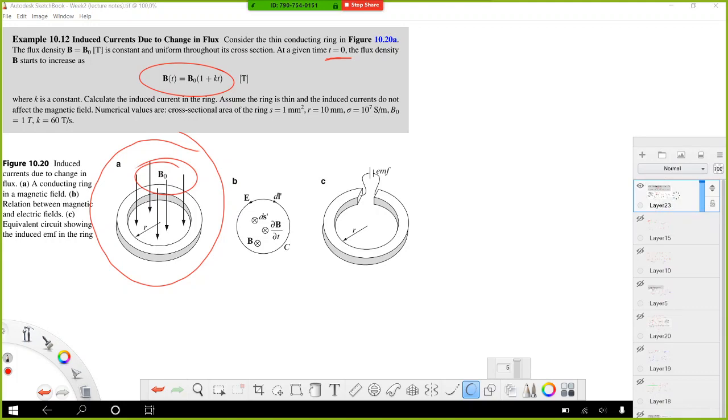Actually, there are two methods to solve this problem. First, the increase in the magnetic flux density causes an induced electric field intensity in the closed loop, and the second is that the increase in the magnetic flux density induces the electromotive force in the ring.